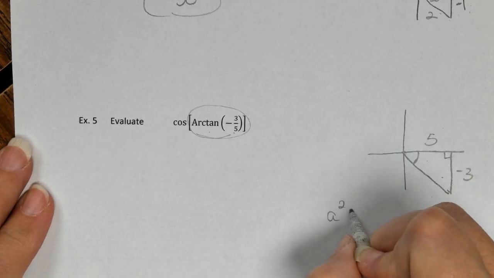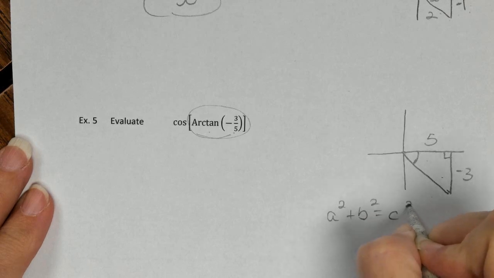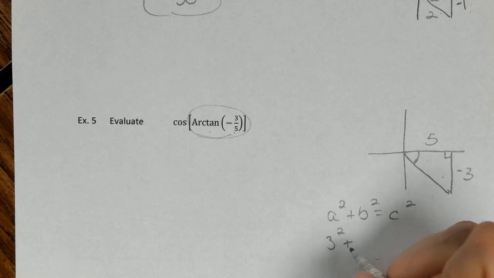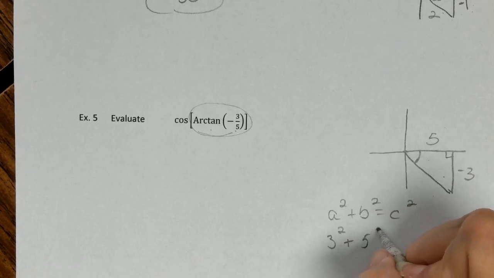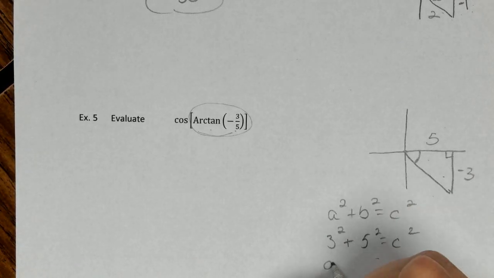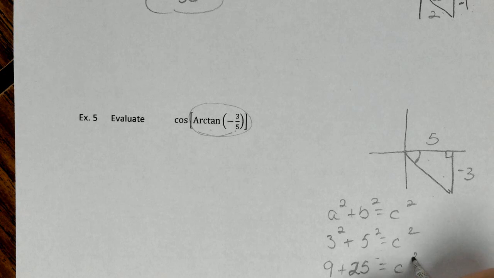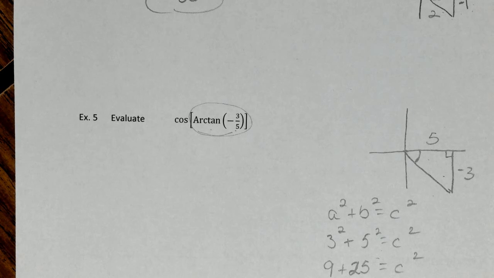So, a squared plus b squared equals c squared. I know it's negative, but we're still getting 9. So 9 plus 25 equals c squared. So c is the square root of 34, which does not simplify.